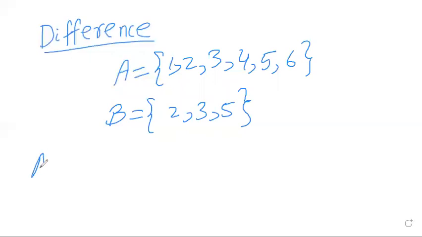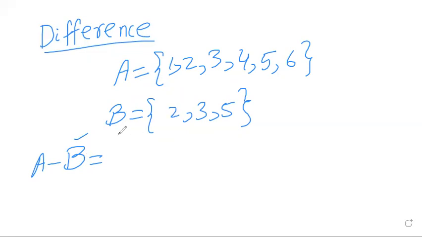And you have been asked to find A difference B. Okay, what is A difference B? I will read it A minus B or A difference B, but better to say difference instead of minus. A difference B means you have to take away B. So what will be the way to do that?